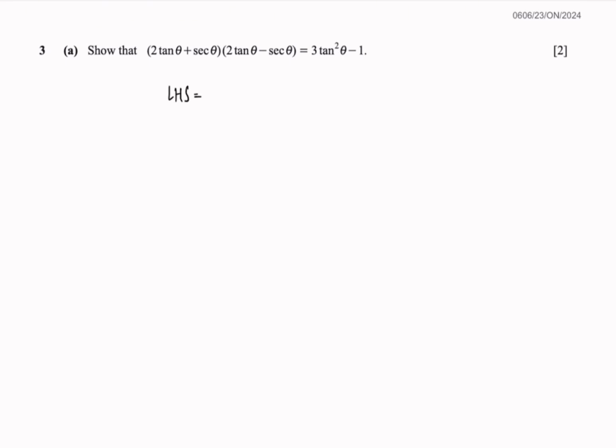So first we can expand this. We get 4 tan squared theta minus secant squared theta. And then you can use this trigo identity. You can change the secant squared to 1 plus tan squared theta.